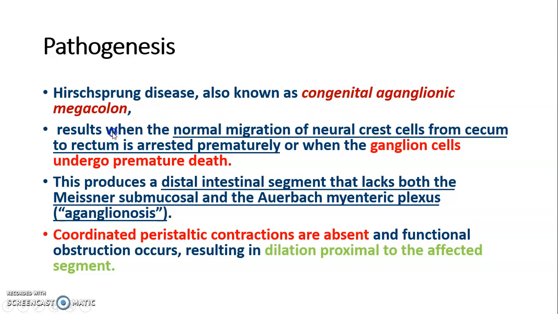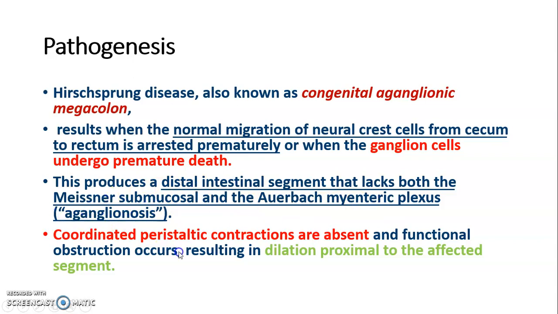It results when the normal migration of the neural crest cells from cecum to rectum is arrested prematurely, or when the ganglionic cells undergo premature death. So, there is absence of ganglion cells. This produces a distal intestinal segment that lacks both the Meissner submucosal and Auerbach-Meissner plexus, that is aganglionosis.